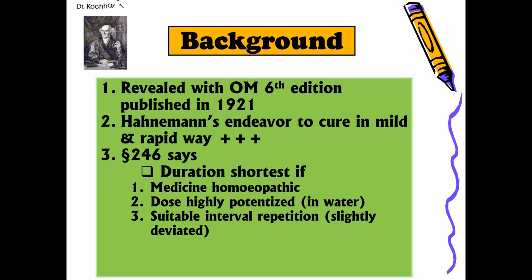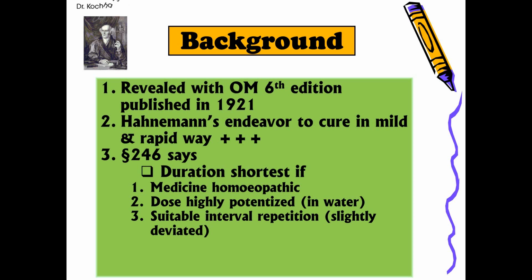Now this is an old idea, because mostly what happens is that the first prescription, a single medicine, does the work, but that is not, Hahnemann found, homeopathy. Otherwise later on also he would have concentrated on giving a single medicine. He finds that in chronic diseases the medicine has got to be repeated at suitable intervals.